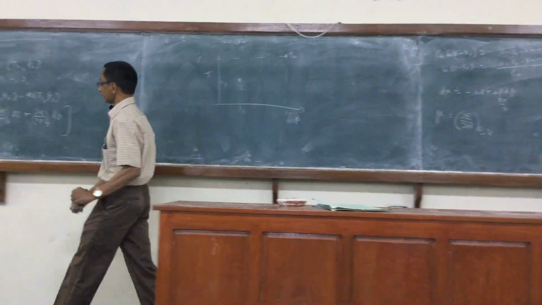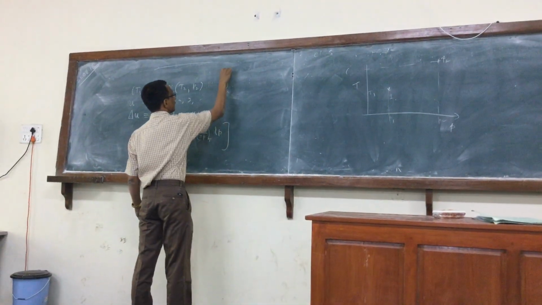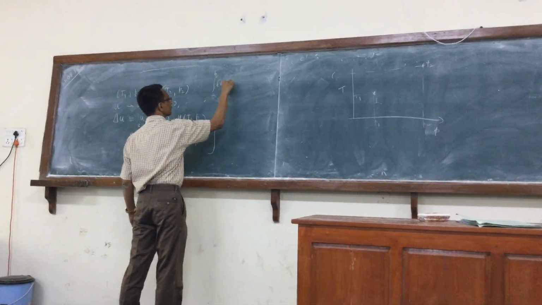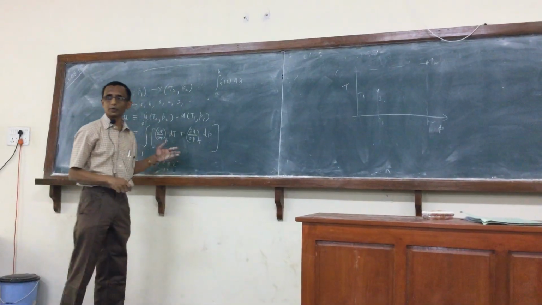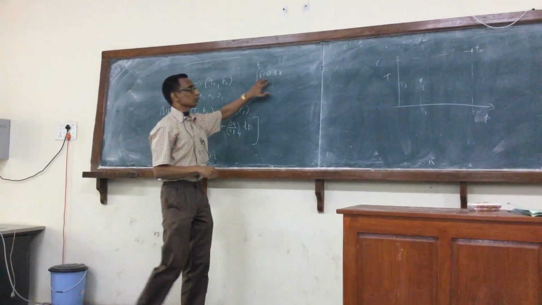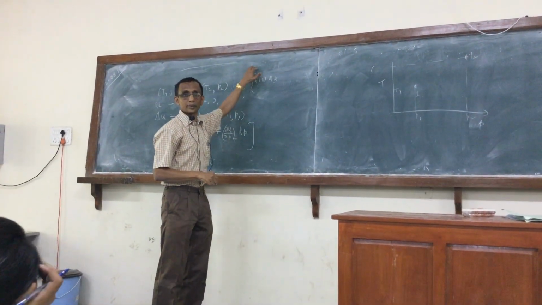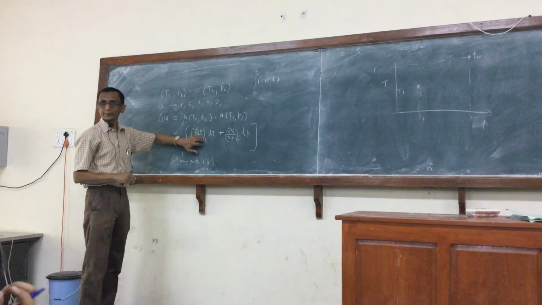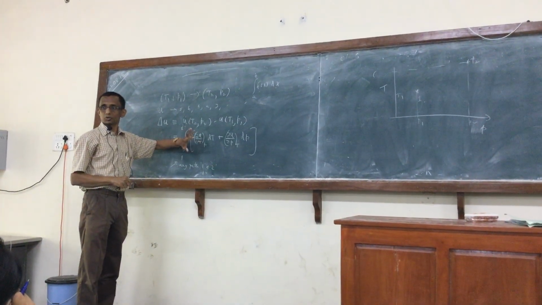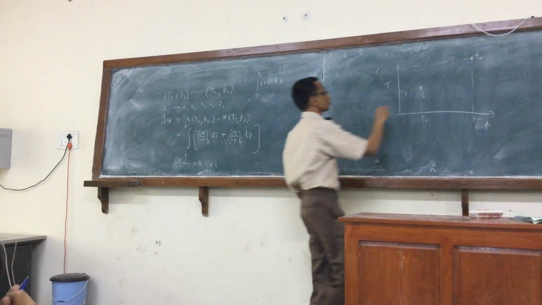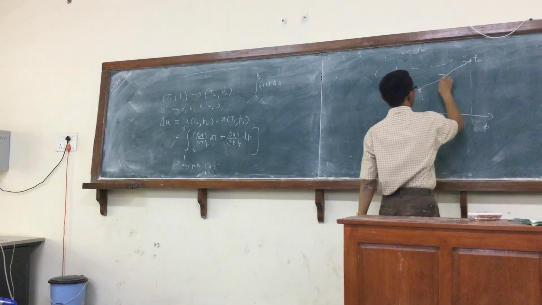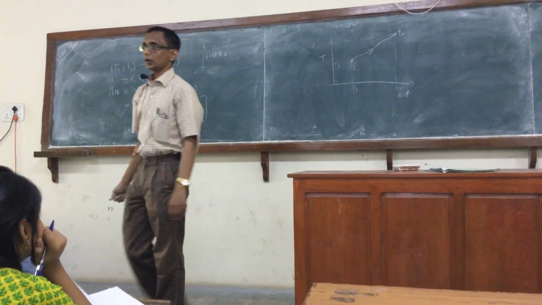Now if you look at this, suppose I have an integral a to b f of x dx. This is somewhat similar to that. You want to be able to reduce it to that. I have only one variable, I know how to carry out the integration. Suppose I choose some path arbitrarily.